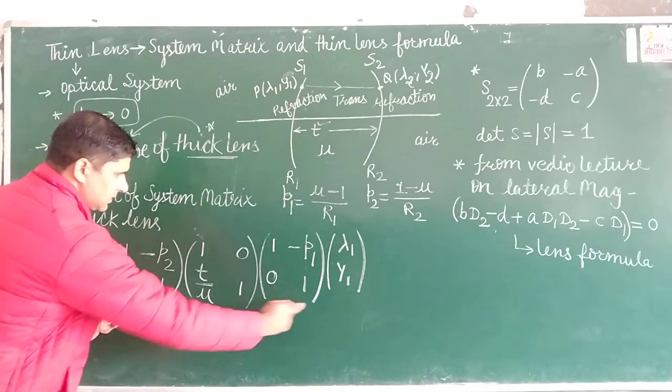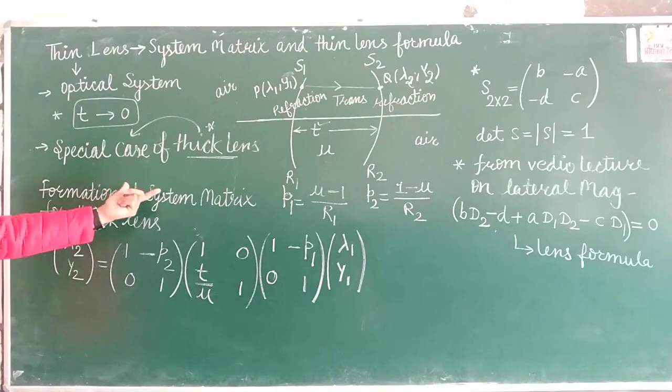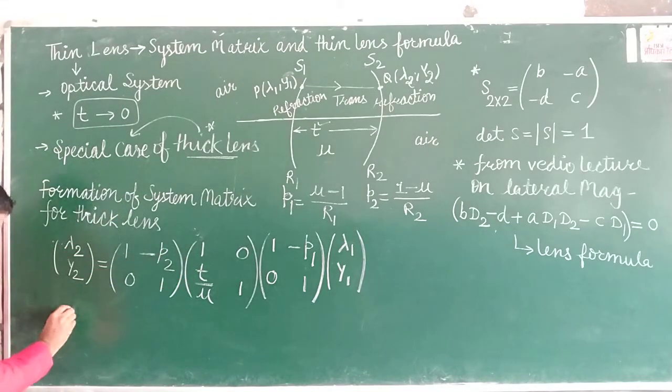So if you multiply these three matrices, you will get the system matrix for the thick lens. Let me write it directly. You will get lambda 2 y2.